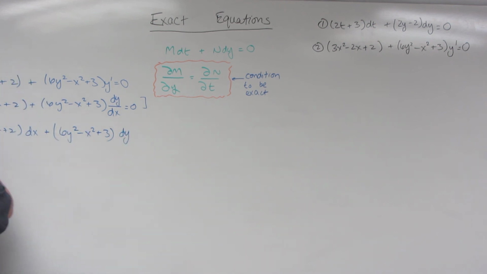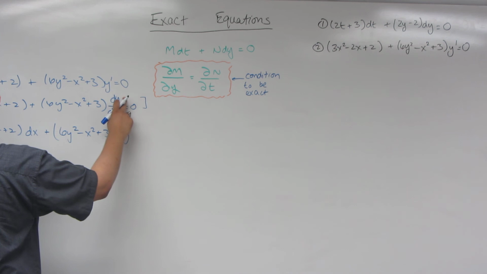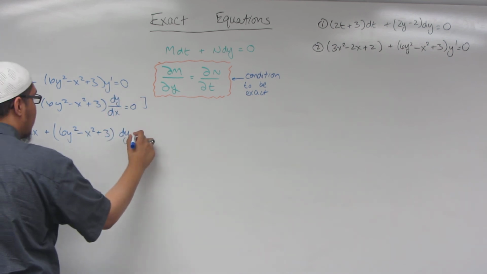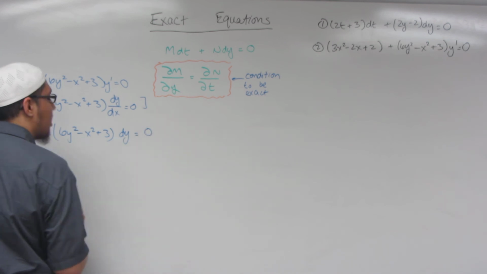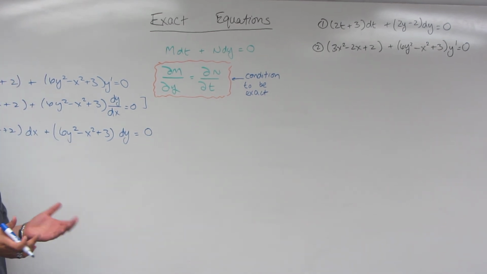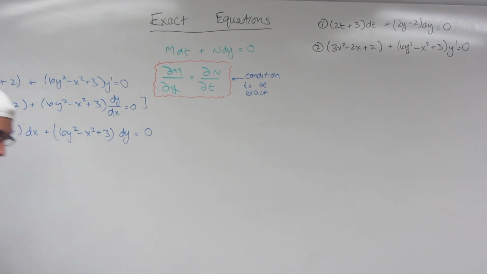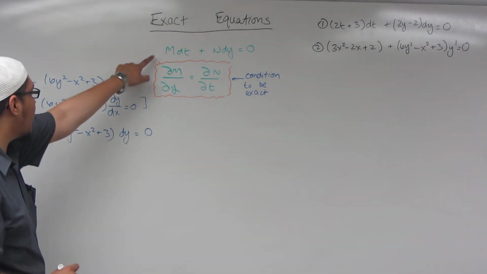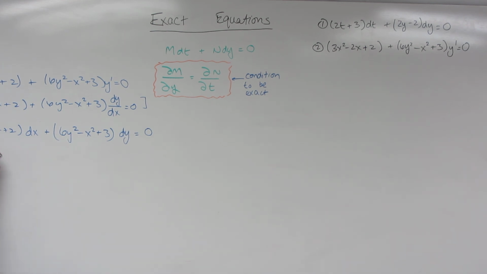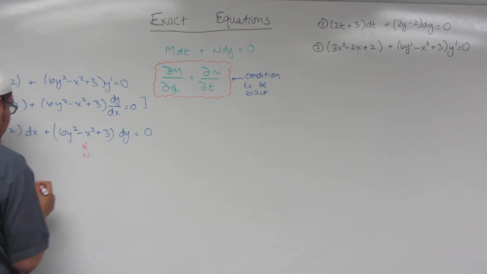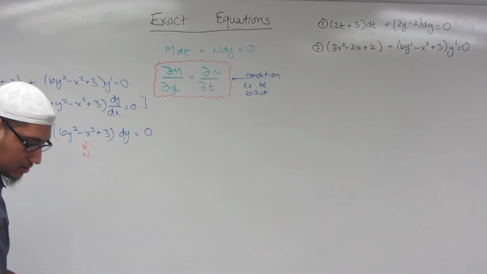See, what happens is when you multiply the dx over here, this dx and this dx cancel out, just leaving a dy is equal to 0 times the dx. Well, 0 times anything is just 0. Now, this is actually written in this format again, where this piece is the M term, this piece is the N term.